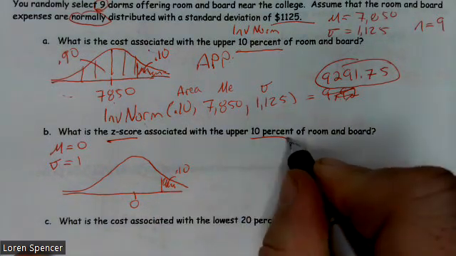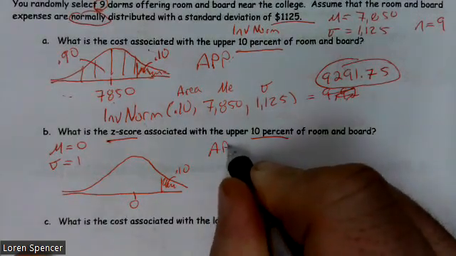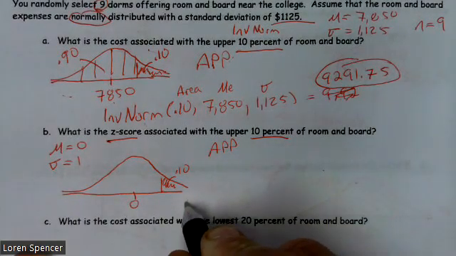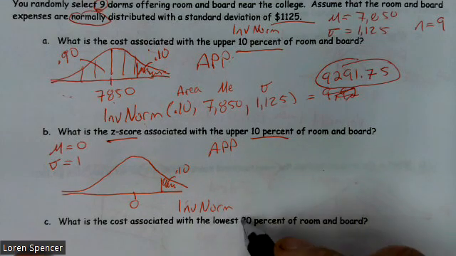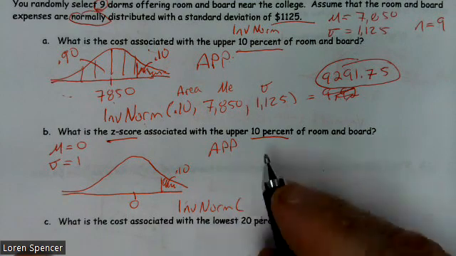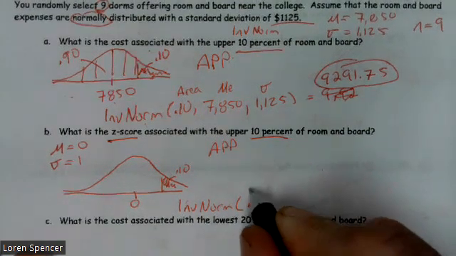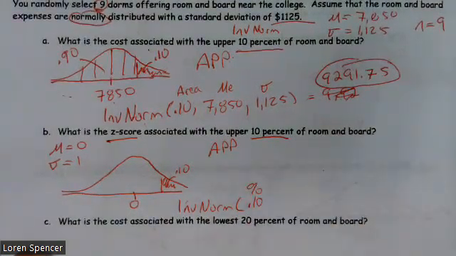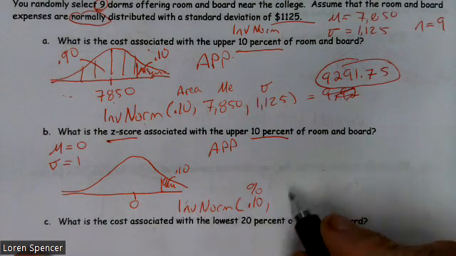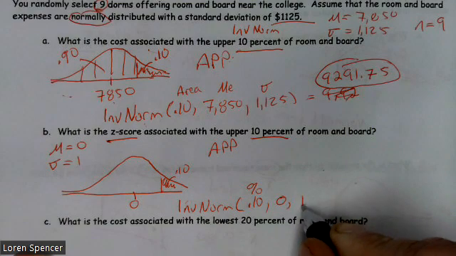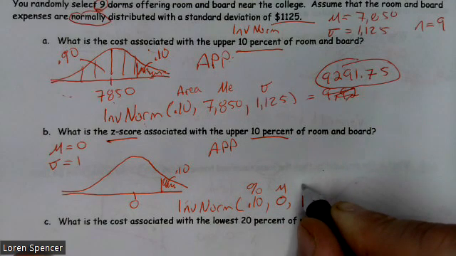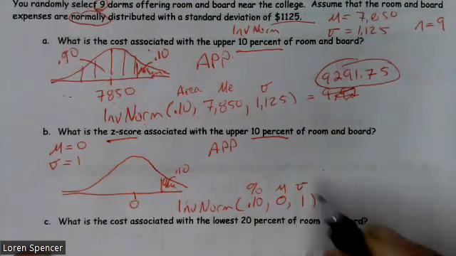So if they ask for an area, you're going to go, oh, it's an area. Therefore, I have to go to inverse norm. And the very first thing they ask for is the area, which is 0.10. The mean is 0 and the standard deviation is 1 because we're working with a z-score.